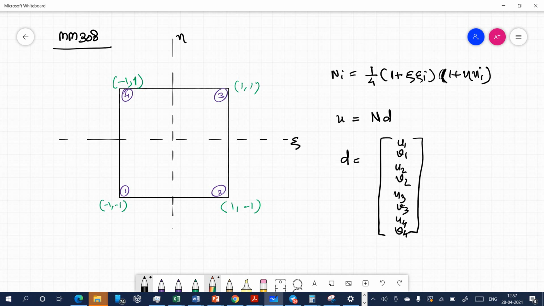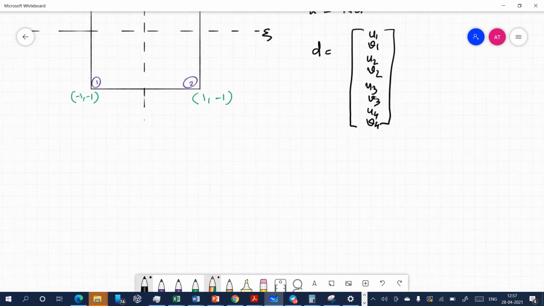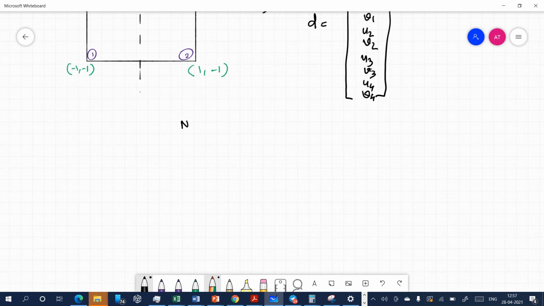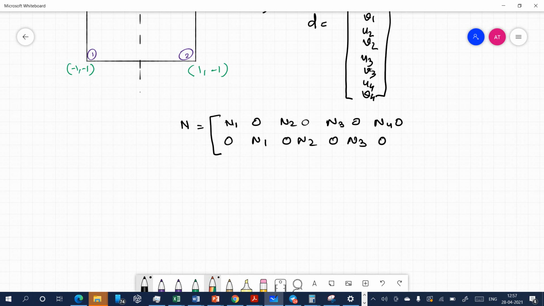And what is N? N matrix is N1 0, N2 0, N3 0, N4 0, and 0 N1, 0 N2, 0 N3, 0 N4.